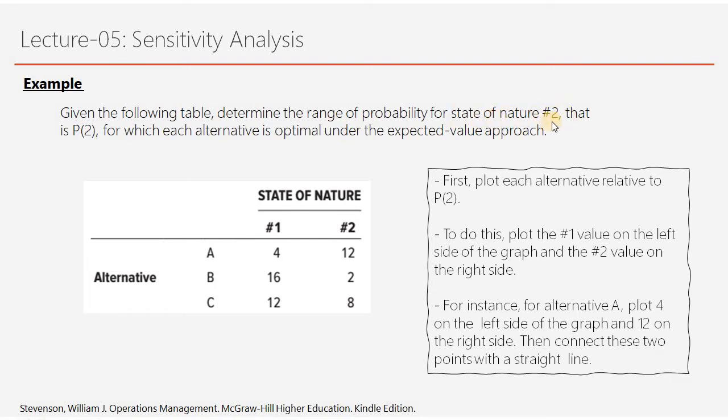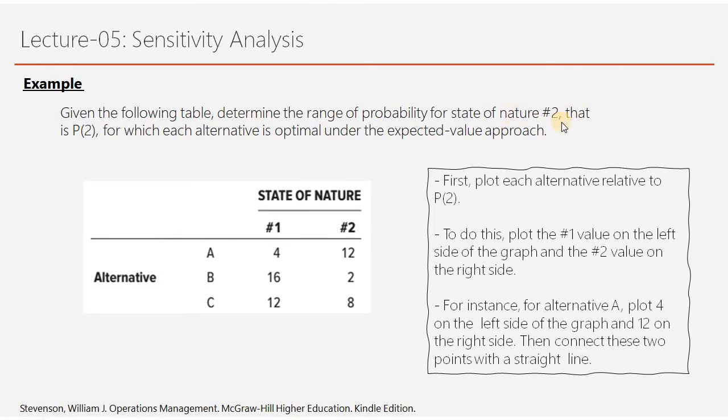So we do not build it for both, we build it for one state of nature, and we need to determine which one we are choosing as a reference. So here we will choose state of nature 2, which is P2. Okay, and we want to determine the range of probability for this state of nature, okay, and see which alternative is optimal under this approach.